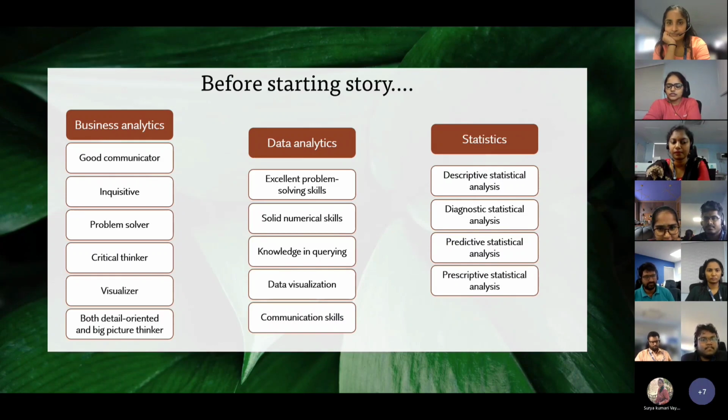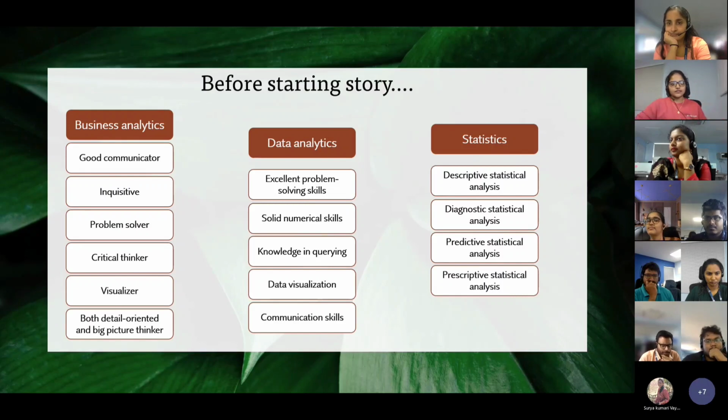And the last one, both detail oriented and a big picture thinker. Any more? It's okay, I will help you guys. I have the same data, banking, credit card, debit card data. Suppose for selling more credit cards, I went to a village.